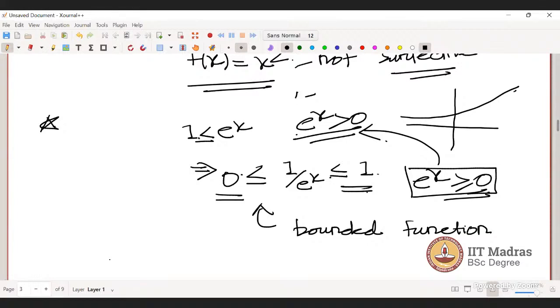Does it need to be bounded between two values, or does only one value work? If I say that it's less than 1, then it can go to minus infinity, right? So it should be bounded in both directions. Sine function and cos function, these are not bounded, right?